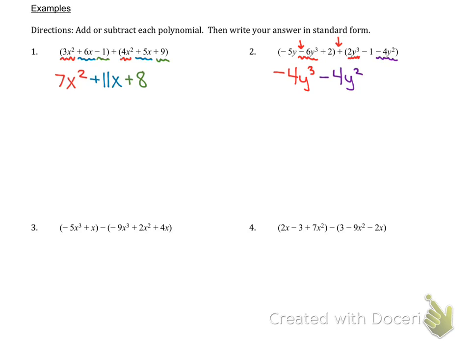And the next highest degree is my y variable, so I have a negative 5y, so minus 5y. And then last I have my numbers. I have 2 and a negative 1, and 2 minus 1 is a positive 1, so I'm going to write plus 1.